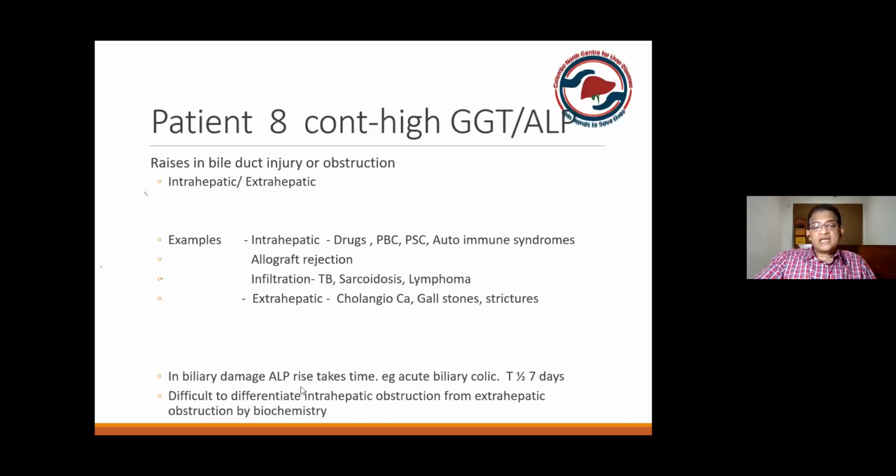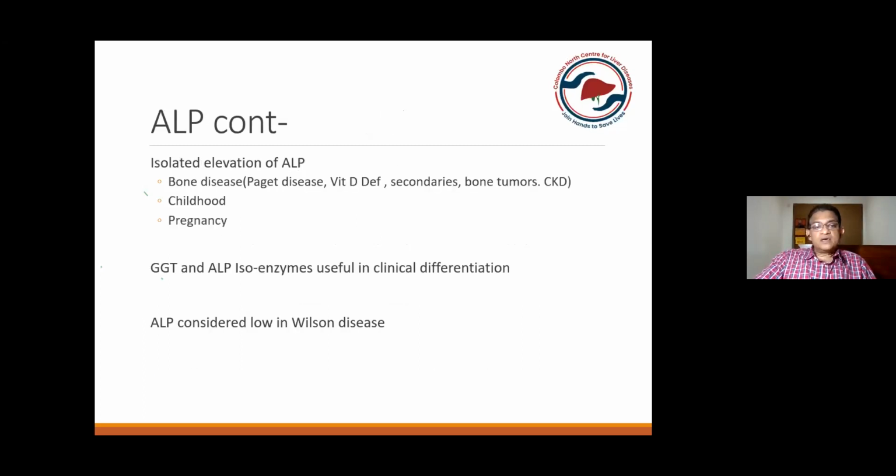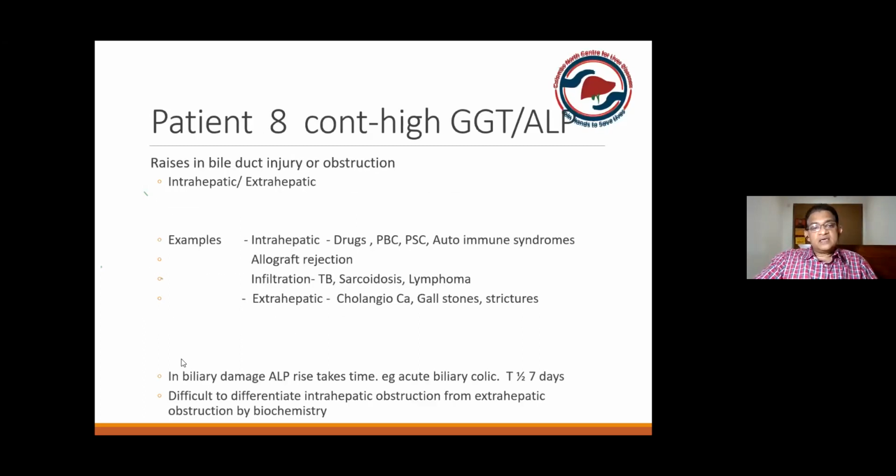And in biliary damage, alkaline phosphatase takes time to rise. For example, in acute biliary colic, obstruction of the bile duct with a stone, you get the pain, you get an AST/ALT rise, but the ALP rise takes a few days. It is difficult to differentiate an extrahepatic stone from an intrahepatic cause like drug-induced cholestasis.